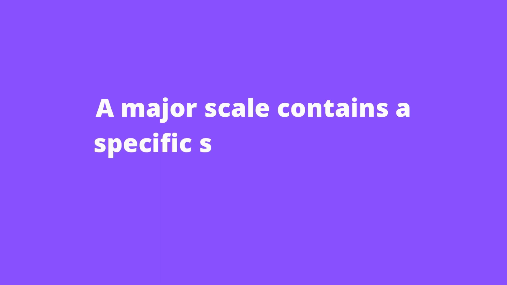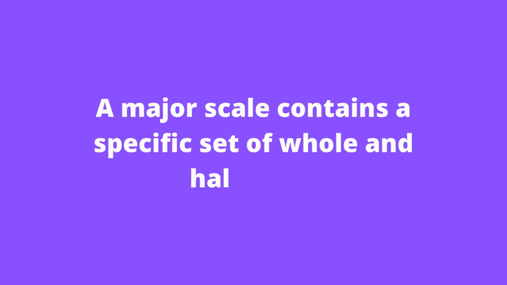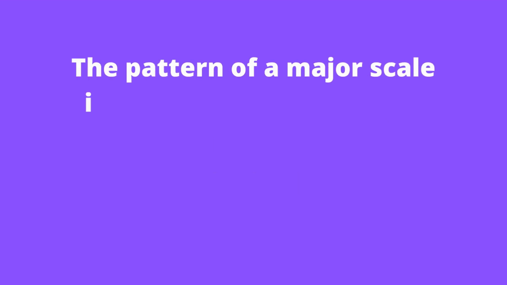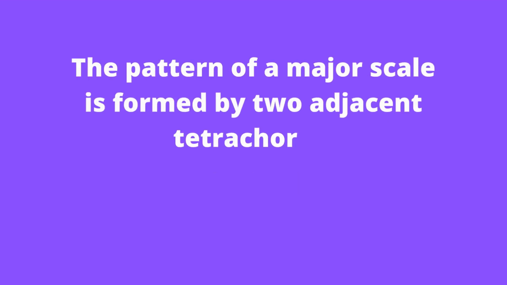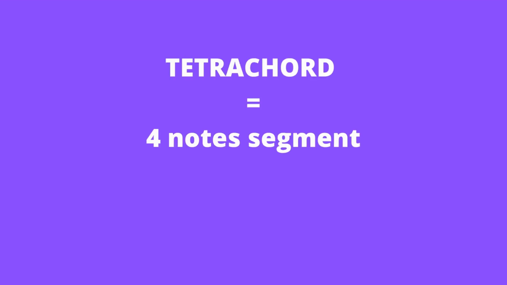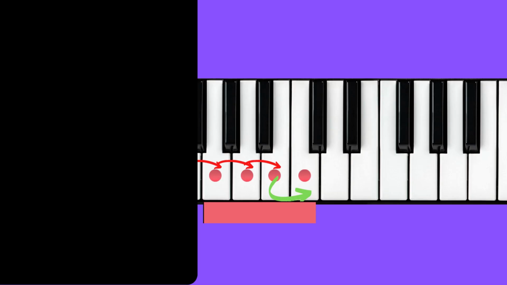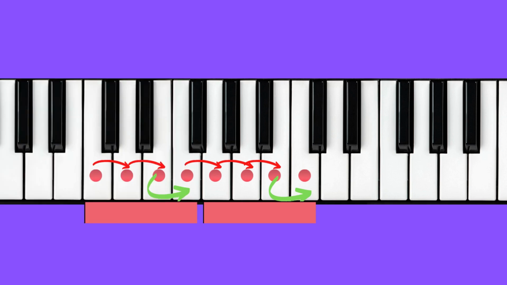A major scale contains a specific set of whole and half steps. It is helpful to think of the pattern as consisting of 2 tetrachords, or 4-note segments. The tetrachord consists of the pattern whole step, whole step, half step, and then a whole step in between, and we will have the next tetrachord, whole step, whole step, half step.